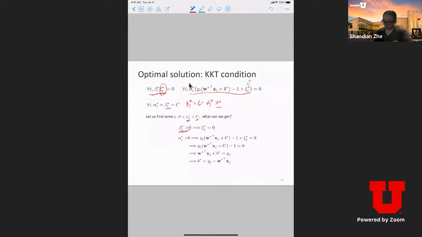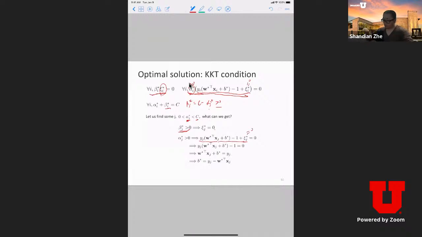Meanwhile, because alpha_j star is strictly bigger than 0, look at this complementary slackness again. This term is bigger than 0, and then only this term can be strictly 0. So we got this guy is simply 0, which is the function margin subtracted by 1 plus xi star, and from our previous derivation, we know that xi star is simply 0.